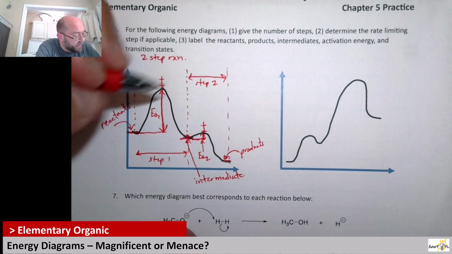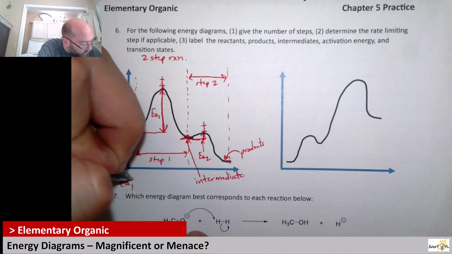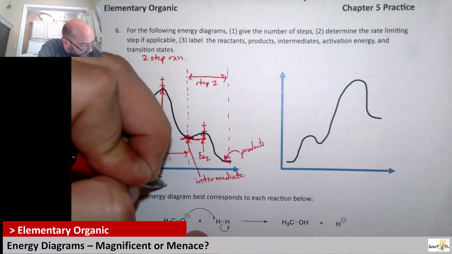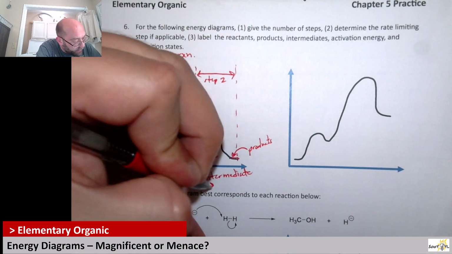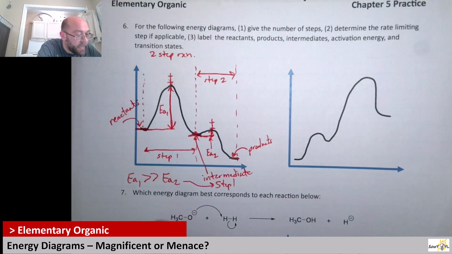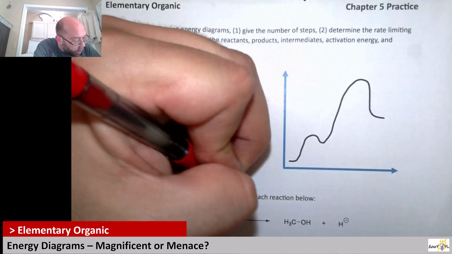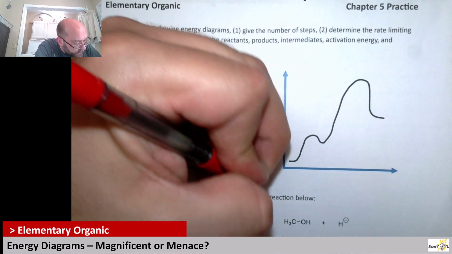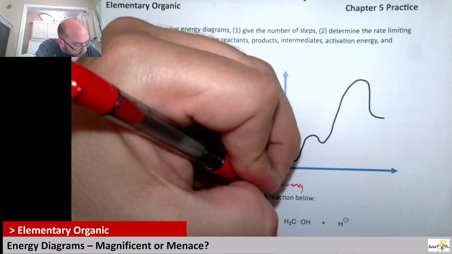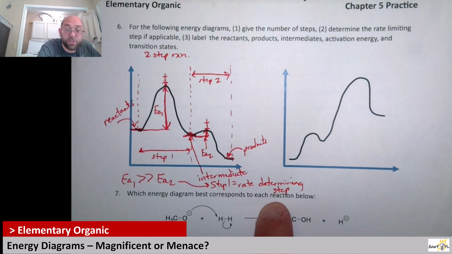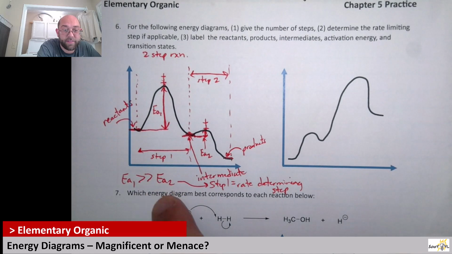Since EA1 is much greater than EA2, we can infer that step 1 is our slowest step, or our rate determining step. So step 1 is our rate determining step because of that activation energy.